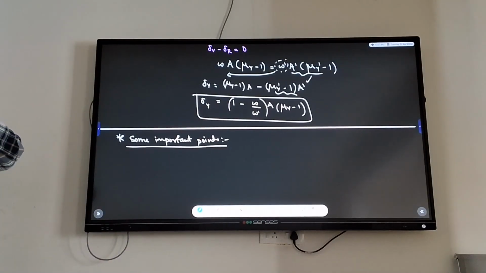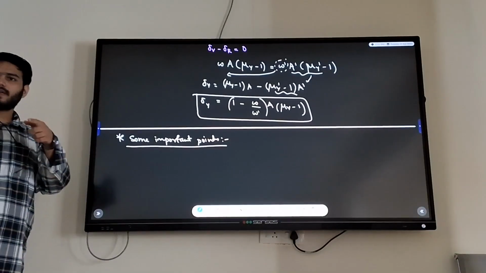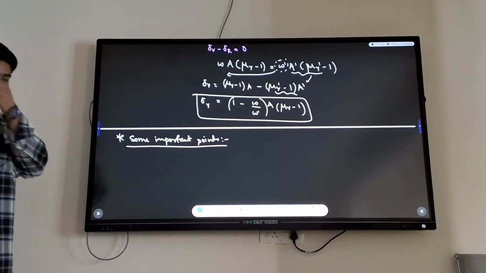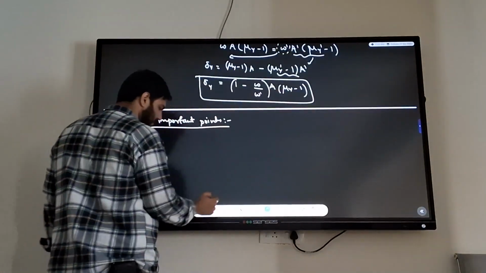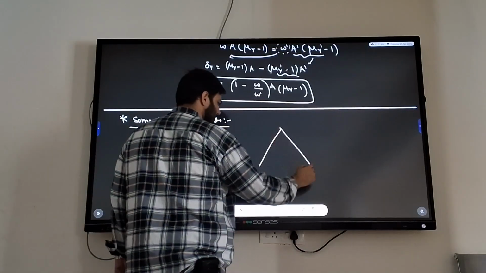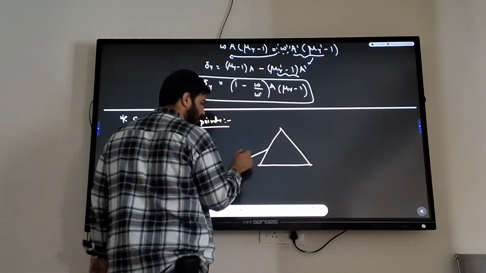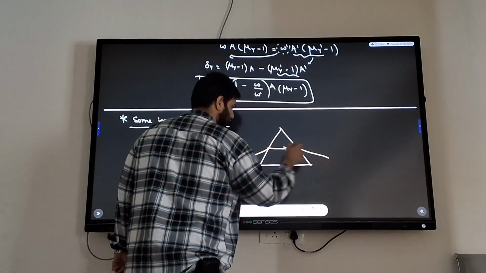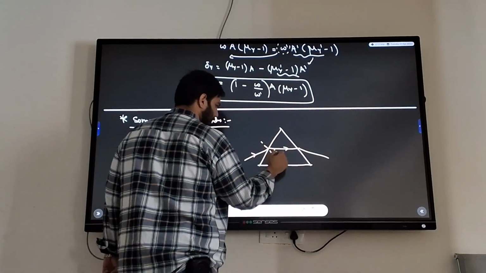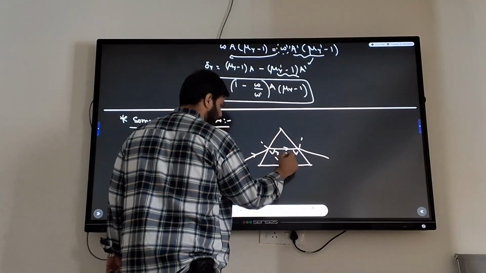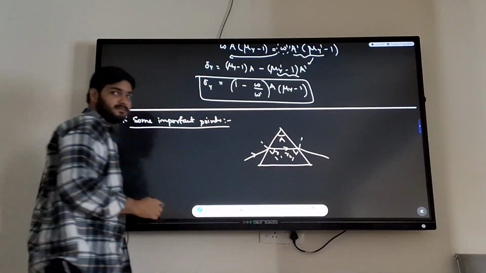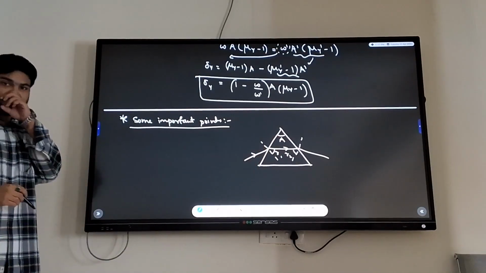And the points are, I have been talking about A up until now, na? Angle A, which I defined to be what? Angle of prism. R1 plus R2, na? I had this R1, this is R2, this was A. And A was defined to be R1 plus R2.